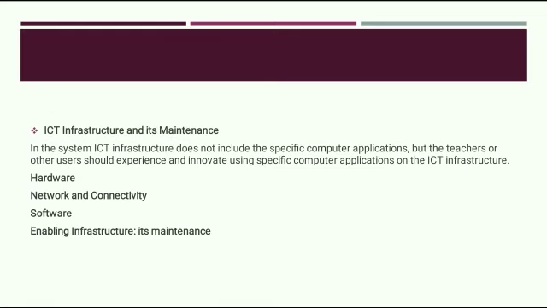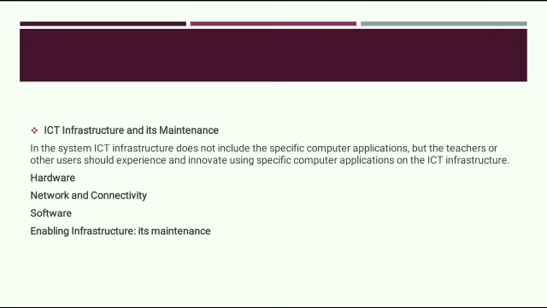It is ICT infrastructure and its maintenance. If some infrastructure is there, it automatically includes the maintenance of that infrastructure. In the system, ICT infrastructure does not include the specific computer application, but the teachers or students experience and innovate using specific computer applications on the ICT infrastructure.